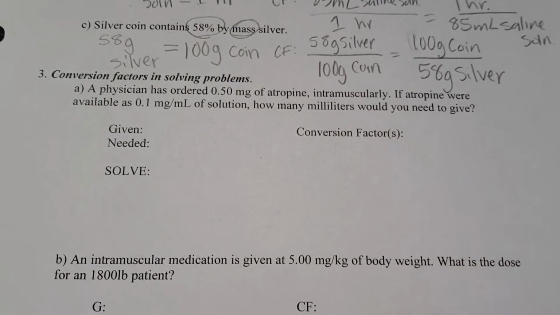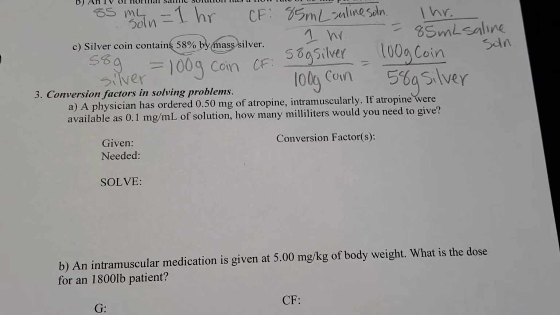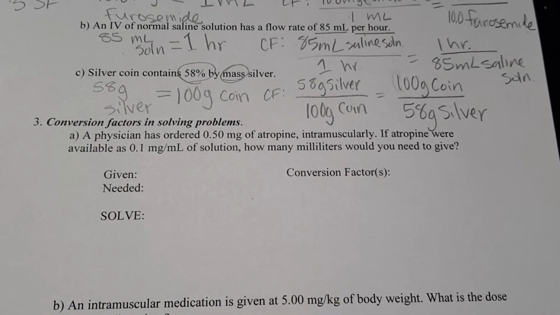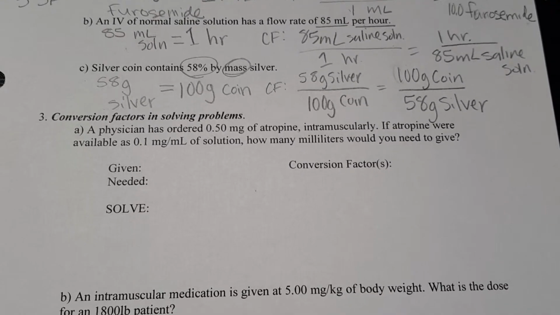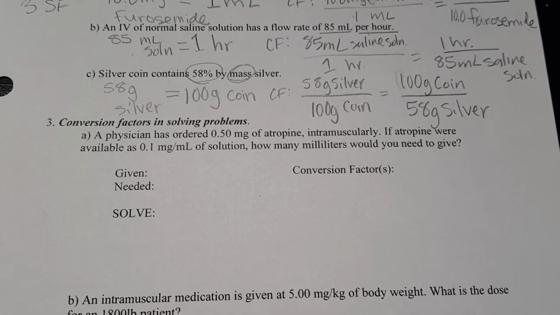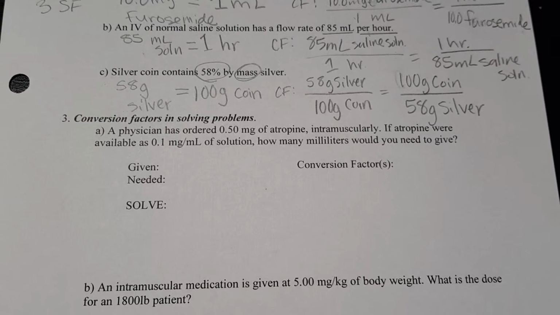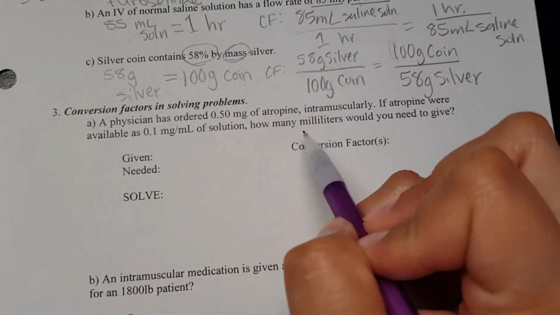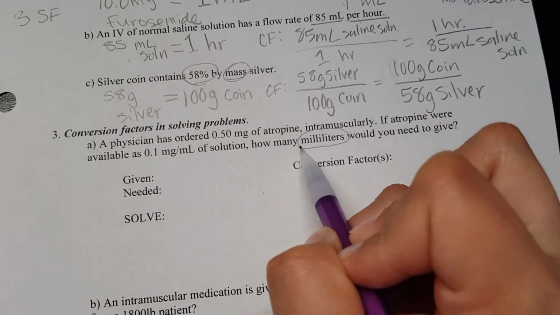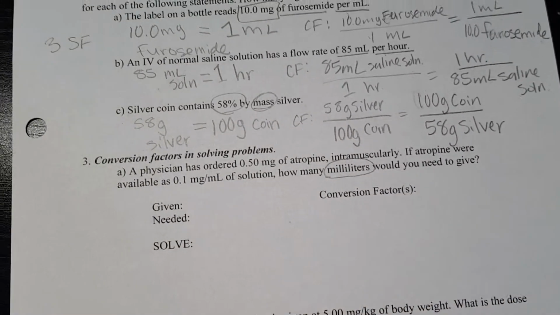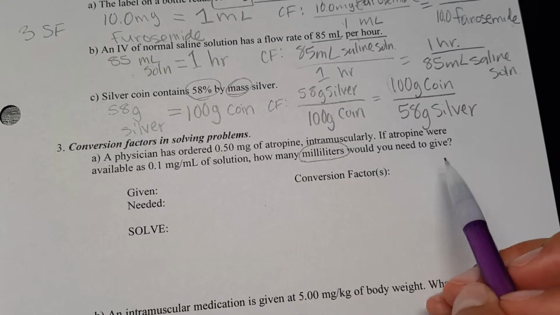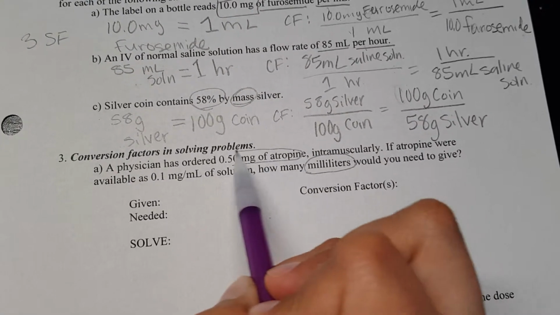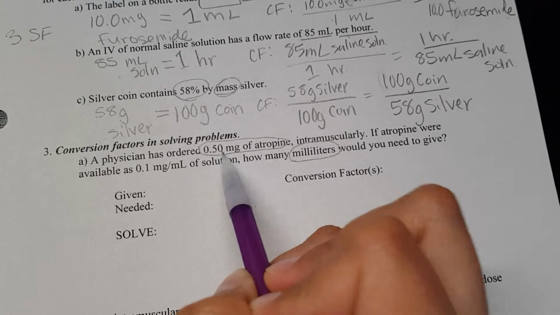Number 3. A physician has ordered 0.50 milligrams of atropine intramuscularly. If atropine were available as 0.1 milligrams per milliliter of solution, how many milliliters would you need to give? So we're looking for milliliters, and our given is 0.50 milligrams of atropine.